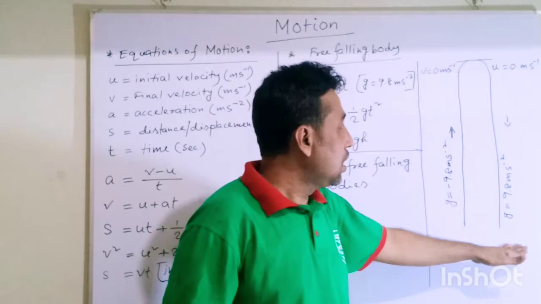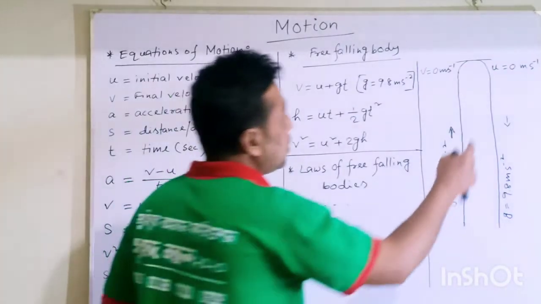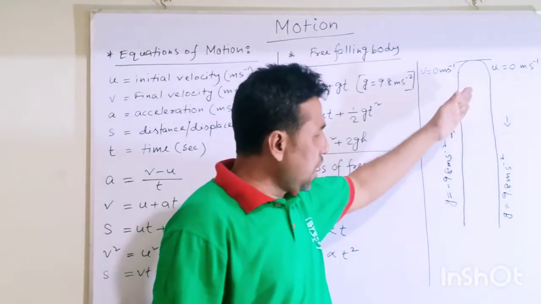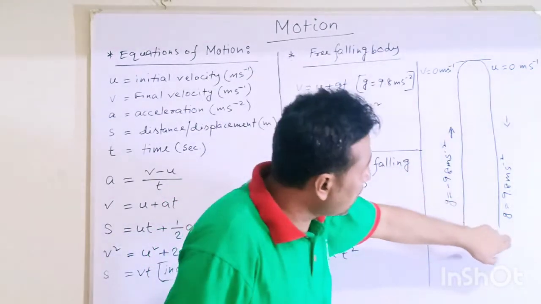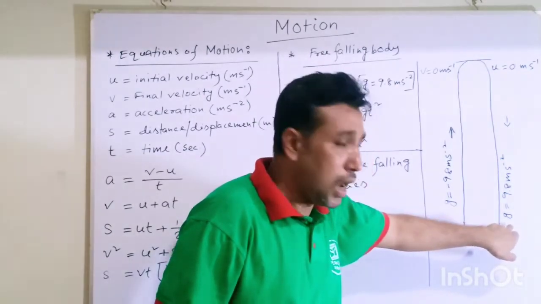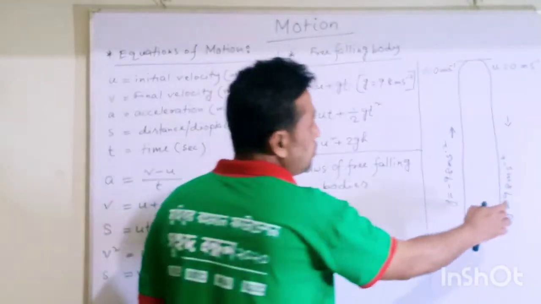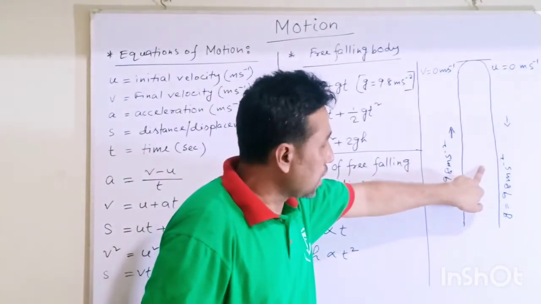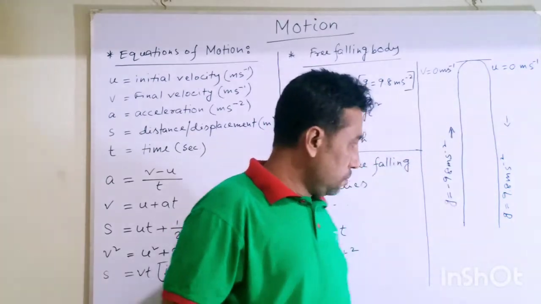In that case, just gravitational strength will act on the object. As the object is acting under the gravitational strength, I mean the object is falling due to the acceleration of gravity, the value of g will be positive. You see 9.8 meter per second square. In that case the initial velocity will be 0.